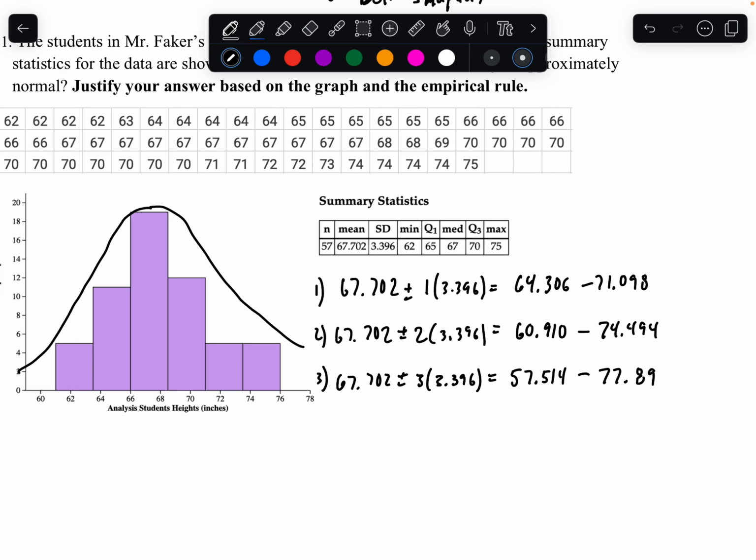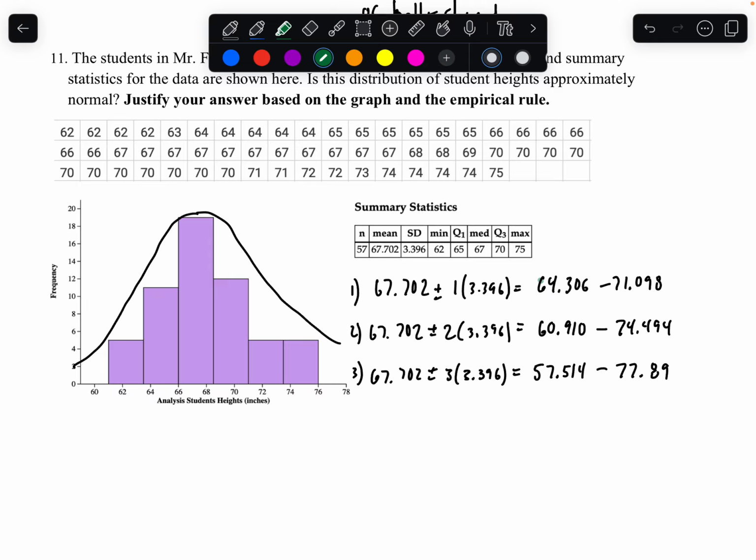So what we're going to do is go back and look at the data and see what happens here. So we have an interval. I want to find any students that are between 64.306 inches tall and less than 71.098. So I need them to be bigger than 64.3. So 64 is not bigger than 64.3, but 65 is. I need them to be shorter than 71.098. So 71 inches would be there.